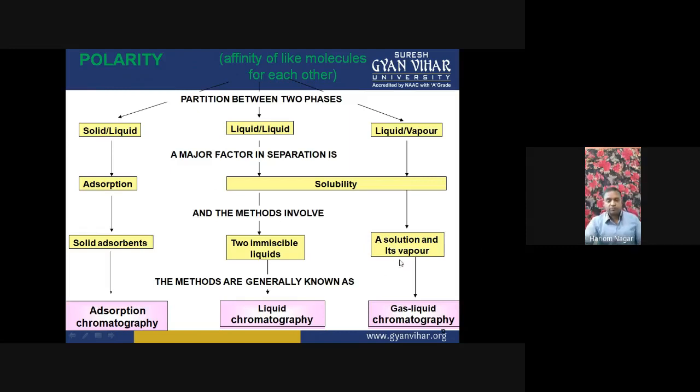So the solution and its vapor are there, which means the components are present in the solution and also in its vapor state. The vapors that interact with the mobile gas phase for more time will move faster and elute faster. So this is the gas liquid chromatography method.